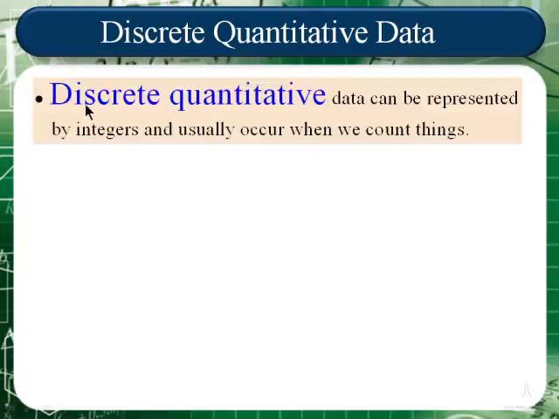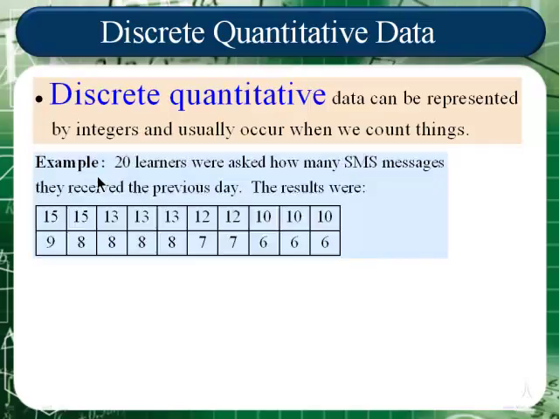Let us look at an example of discrete quantitative data. Now remember, discrete quantitative data are data that can be represented by integers, and it usually occurs when we count things. Here is a good example. 20 learners were asked how many SMS messages they received the previous day, and the results are indicated here.